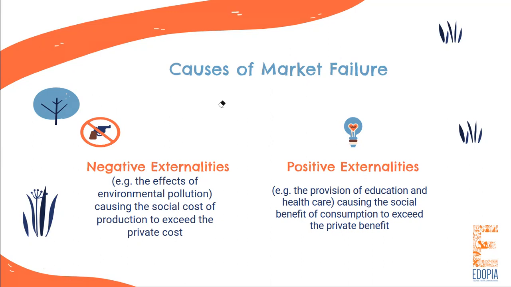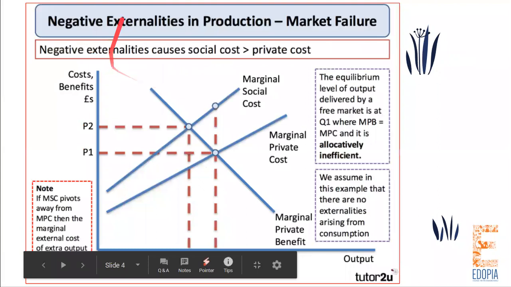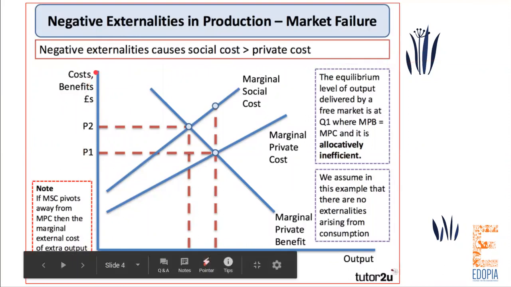Now, through the diagram, we will be seeing how this works. In this diagram, it is negative externality, which leads to market failure. So this is the negative externality in production. Here we see that on the vertical axis, it's price, and on the horizontal axis, it's output or quantity of that product being produced.